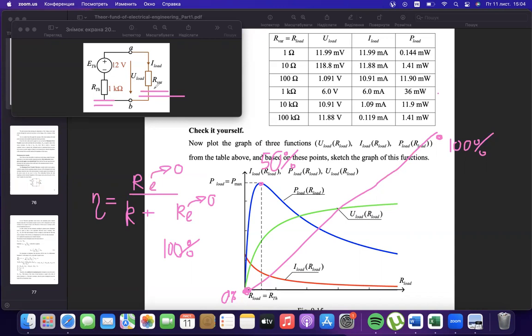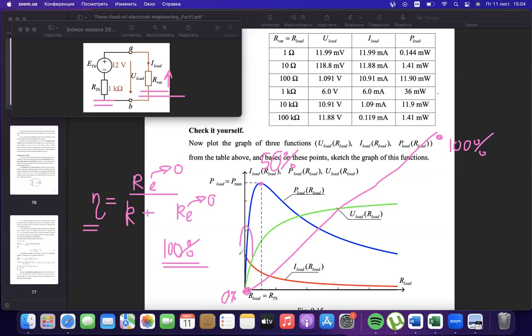That is why for power transmission we first try to reach the highest efficiency coefficients. We are working with a high value of resistivity.